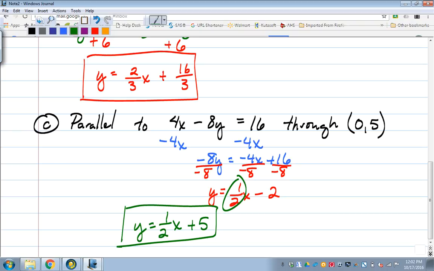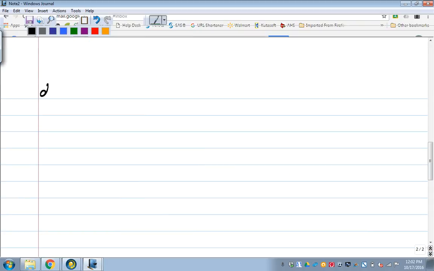Parallel lines have the same slope. So sometimes you got to pick that slope off of another line. Okay? You got to get the equation in slope-intercept form and then go from there. Okay? We got time for just one more before we go to lunch. Let's try this one.